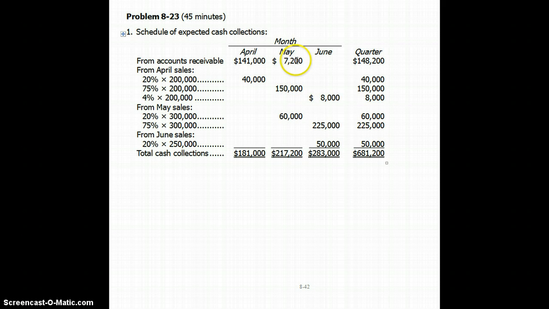When we look at May, we're going to collect $7,200 as given in the book, plus we're going to collect 20% of May sales and 75% of April sales. 20% of May sales being $60,000, 75% of April sales being $150,000. We then go to the month of June.